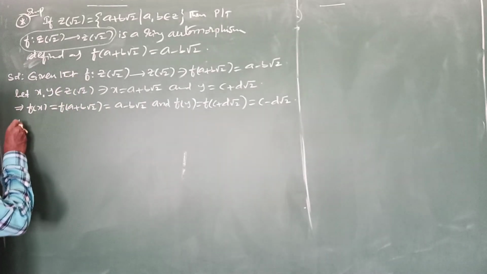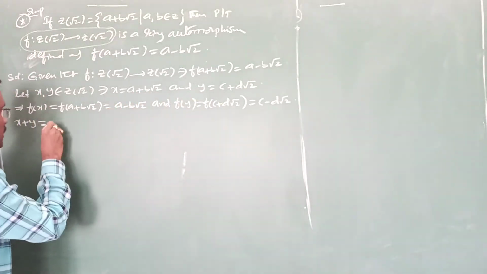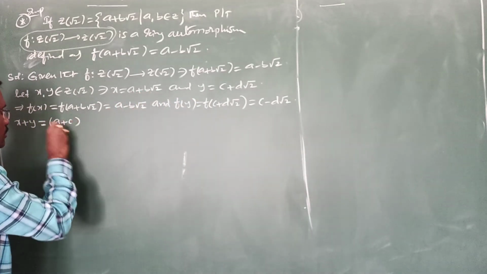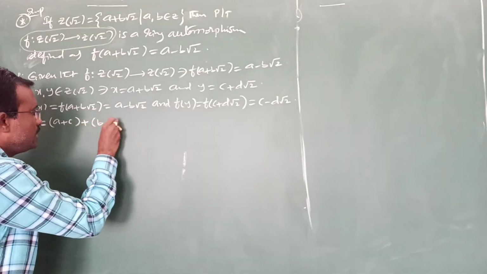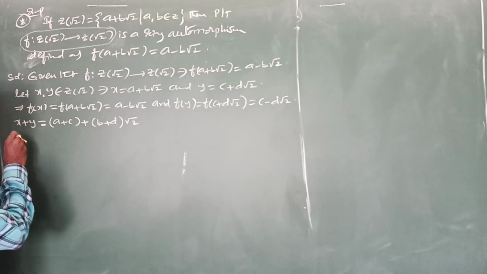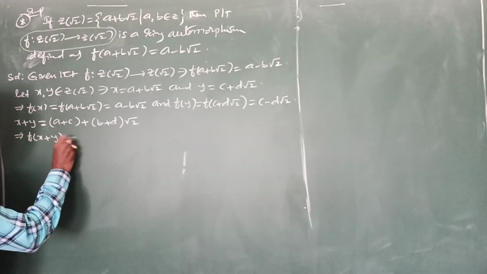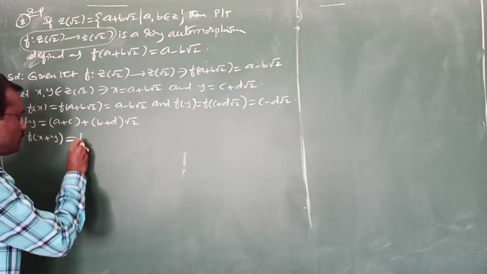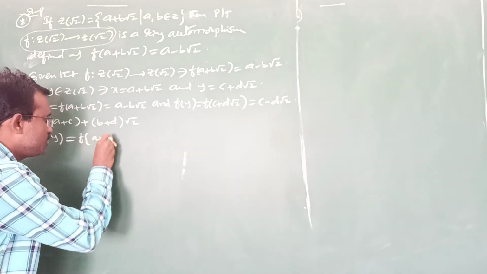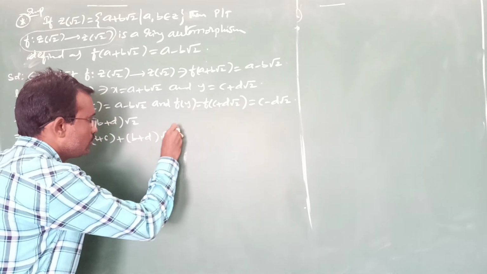For that first I want to define x plus y here ma. These two addition directly I am proceeding. A plus c plus b plus d into root 2. Just we add these two things now, right? From this let us define f of x plus y ma, means f of this total thing, f of a plus c plus b plus d into root 2.